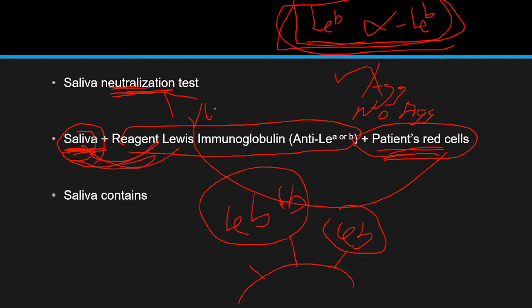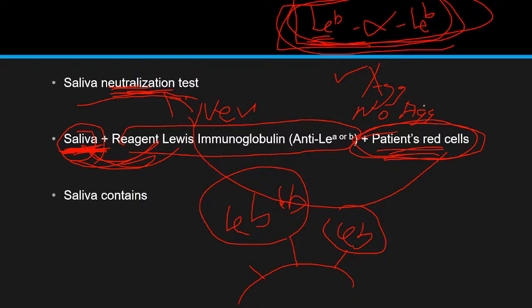We're neutralizing this antibody by adding the antigens here. And then by mixing it together and washing the suspension, leaving the flock, you will be left with a bound form of these two, LEB antigen and the anti-LEB.